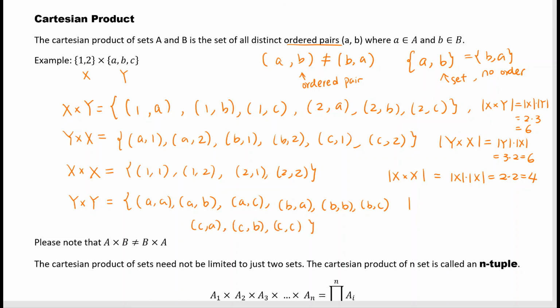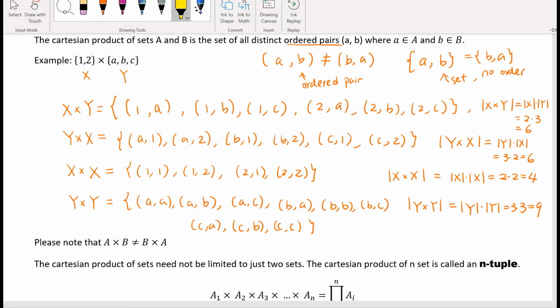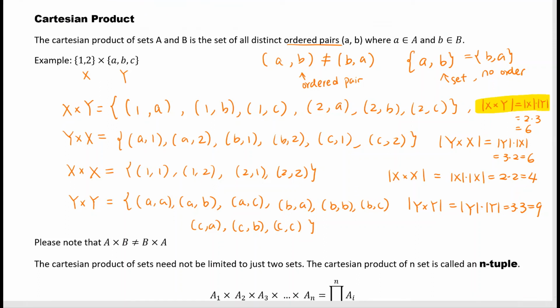So here you can see in this case, the cardinality is Y times Y, so that is 3 times 3, which is 9. Remember, in general, for any two sets X and Y, the cardinality of the Cartesian product is the cardinality of set X times the cardinality of set Y.